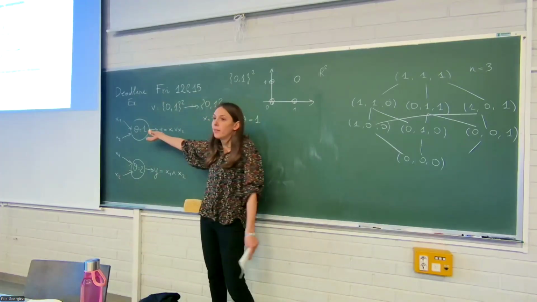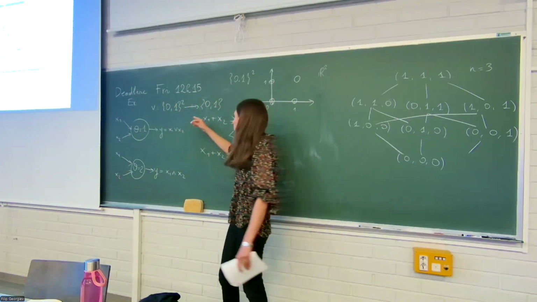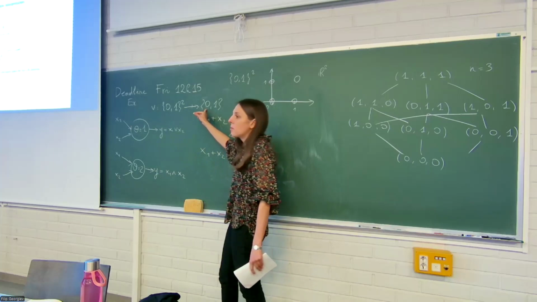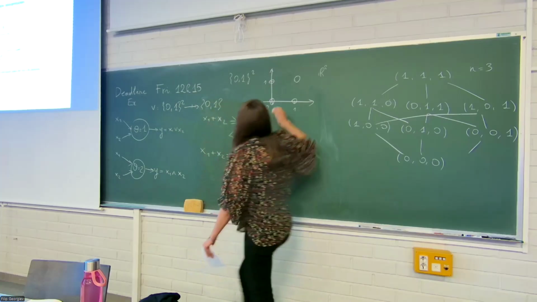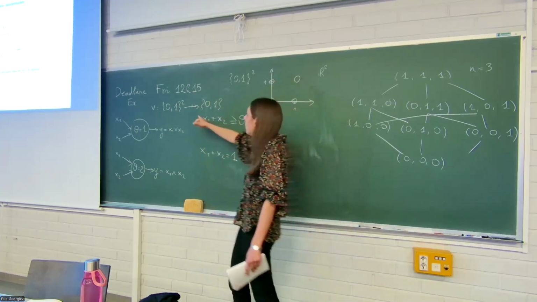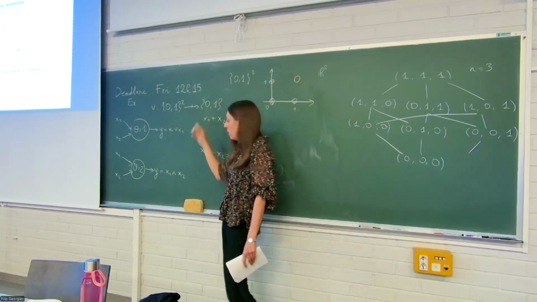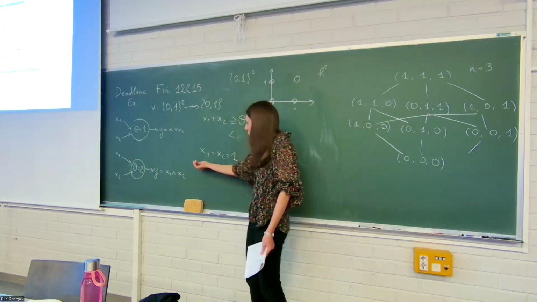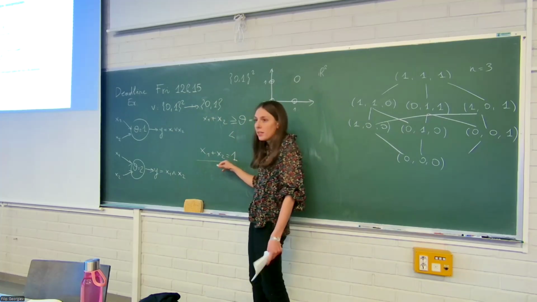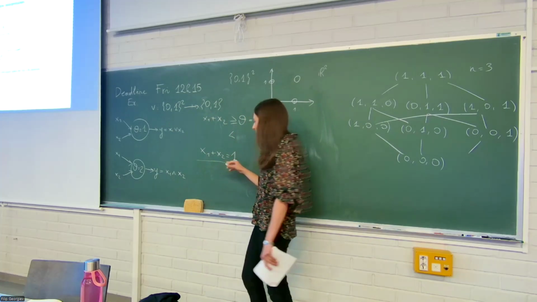This machine can either output 0 or output 1. So I'm asking myself, what's the pre-image of 0 and what's the pre-image of 1? Which are the elements here? Those 4 points that are sent to 0 and those that are sent to 1. These are the conditions that check whether something is sent to 0 or to 1, and I check whether this is an inequality or strict inequality.